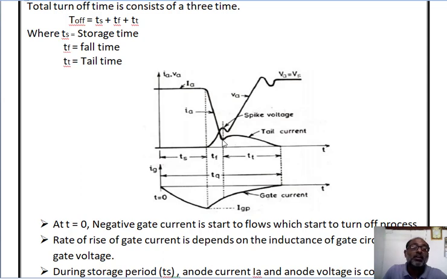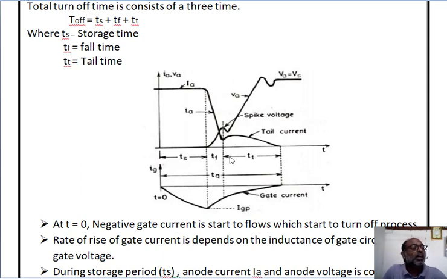You can see the anode current is decreasing and the anode voltage is increasing. When the value of the negative gate current is equal to the anode tail current, this period is known as the fall period.